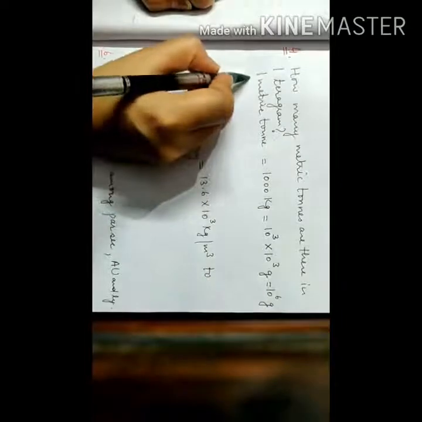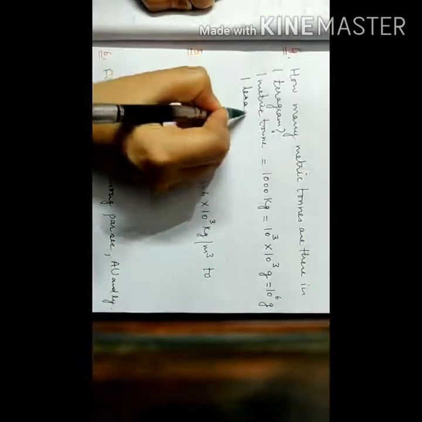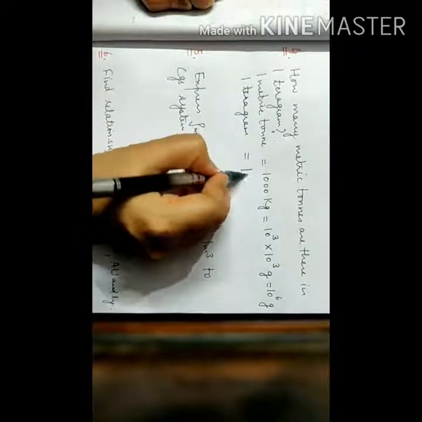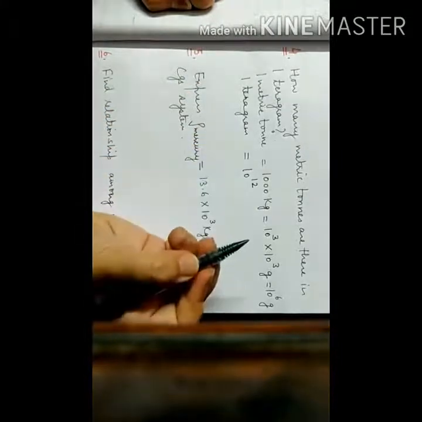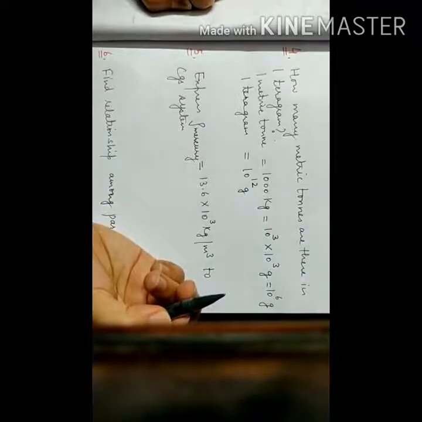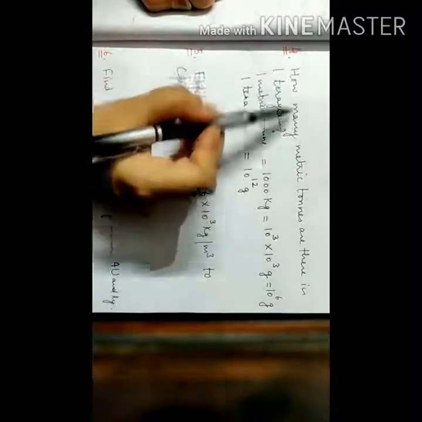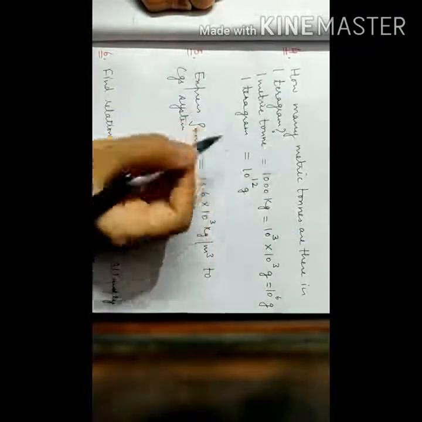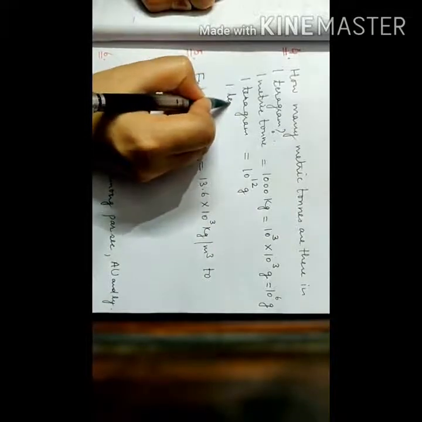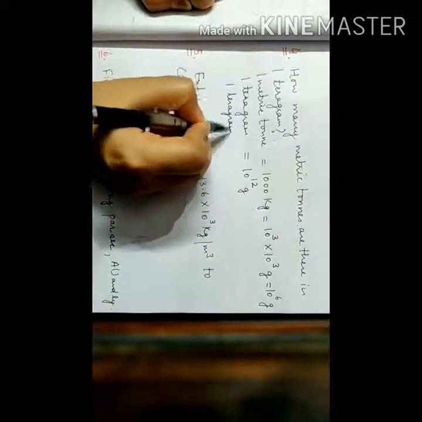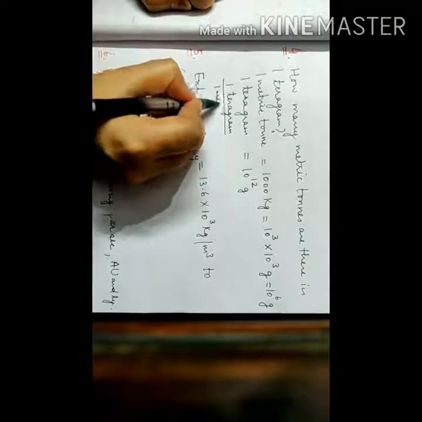Now coming to 1 teragram. 1 tera means 10 to the power 12 gram. So we have to calculate how many metric tons are there in 1 teragram. So we have to divide 1 teragram by 1 metric ton.